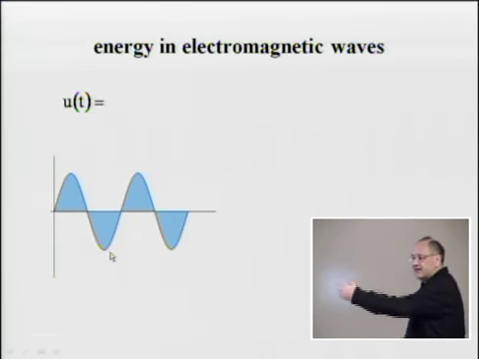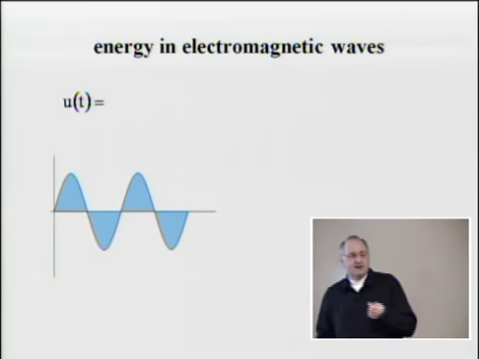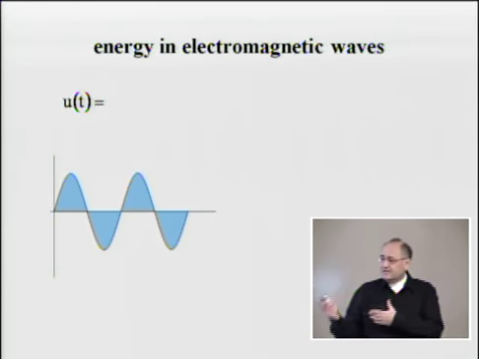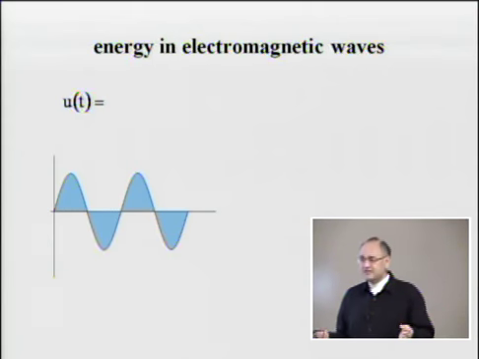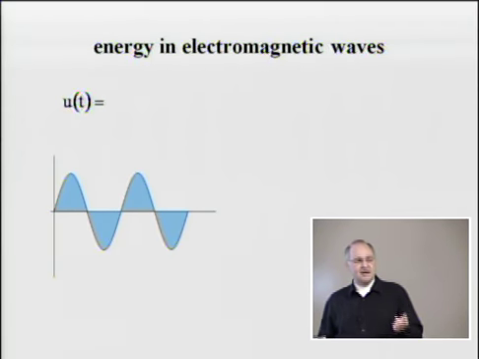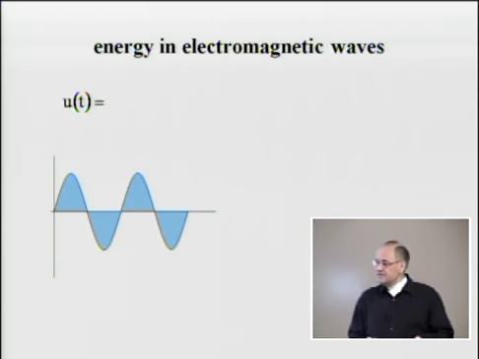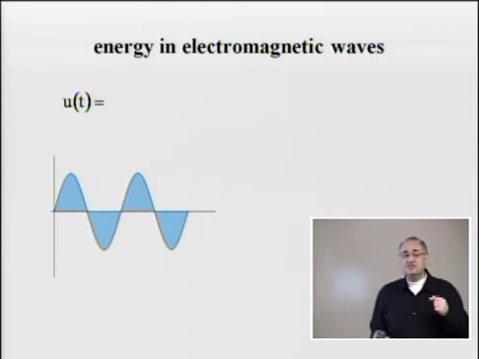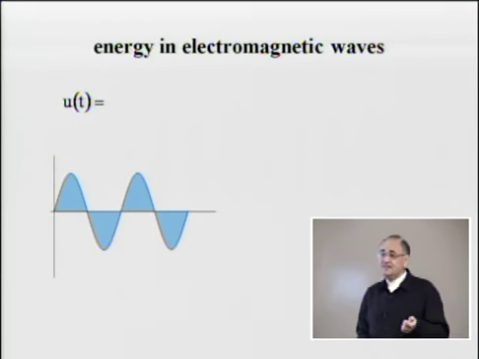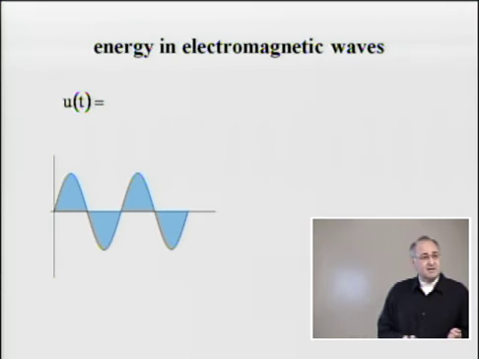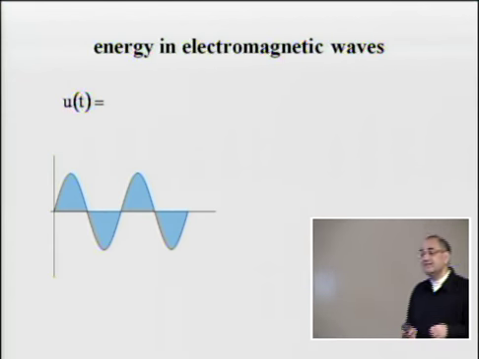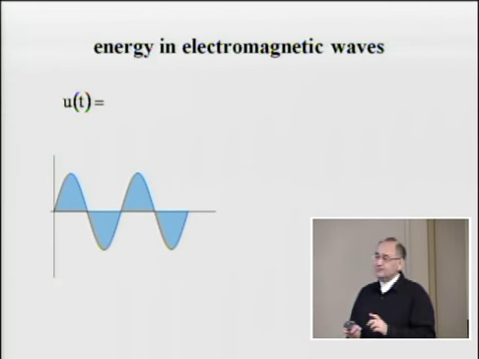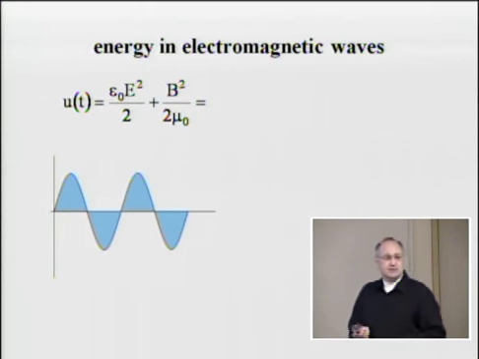Now, what carries energy in an electromagnetic wave? Well, an electromagnetic wave consists of two fields, electric field and magnetic field. When we were talking about electric field, you remember that we were talking about energy density associated with electric field. When we were talking about magnetic field, we were talking about energy density associated with the magnetic field. Now we will have to use them both together.